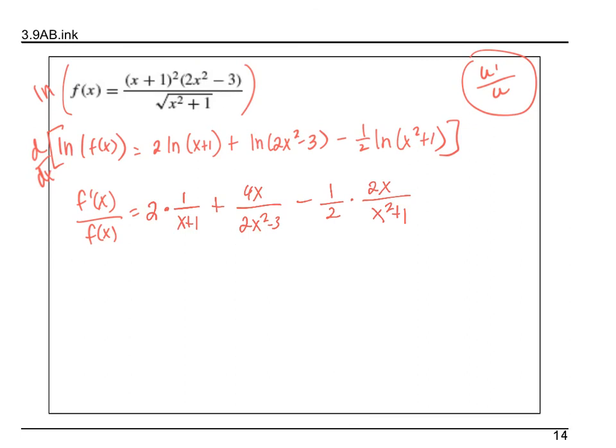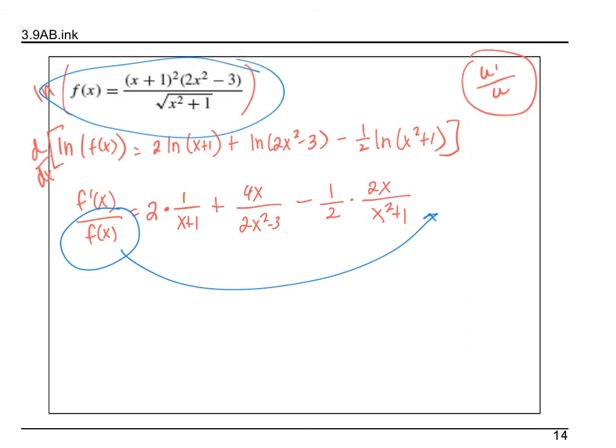My final step is to solve for f prime, so I need to multiply to the other side. And f is the original function that was given. You don't have to simplify this. You definitely don't need to distribute terms. You just need to isolate f prime.